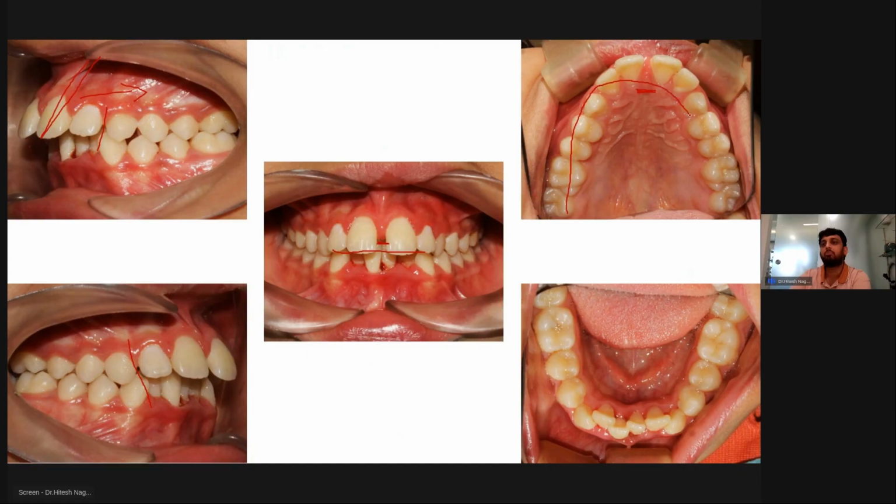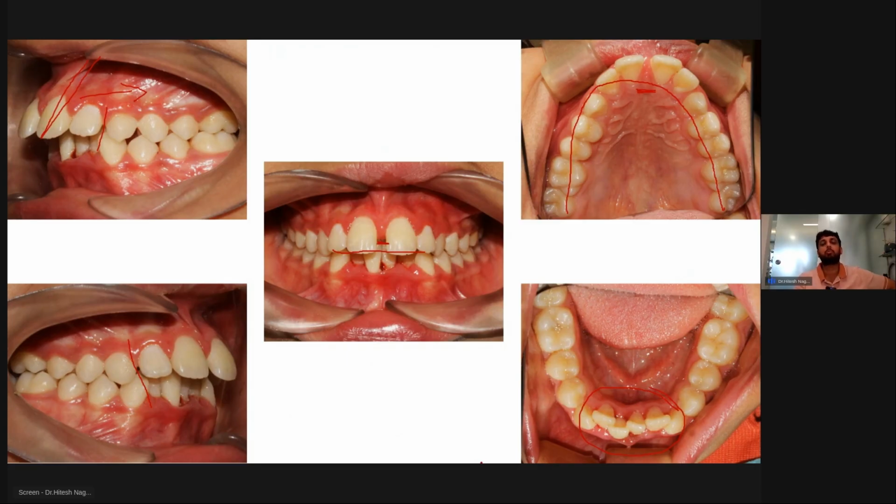I would like to see a more U-shaped arch, right? Then I would also want to relieve the crowding of the lower anterior dentition. Now these are all my treatment objectives.